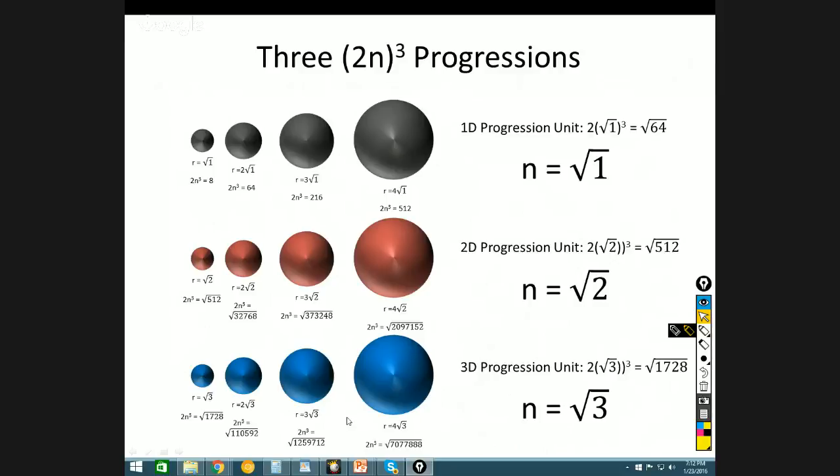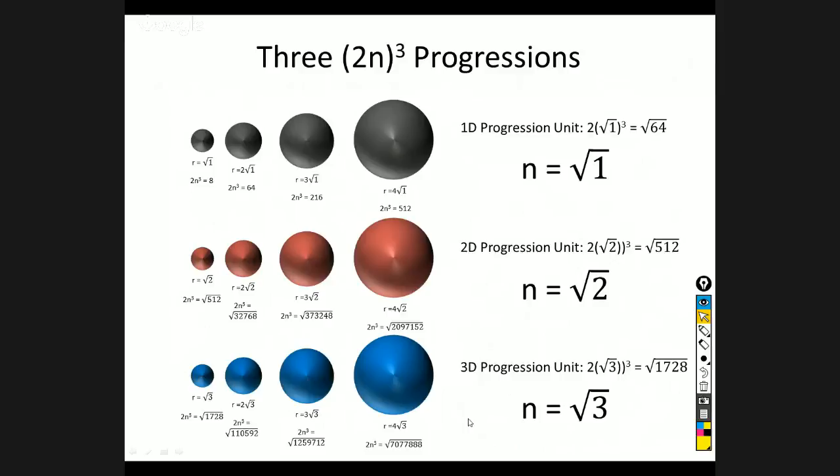And then, of course, the same thing in terms of the square root of 3 for the three-dimensional case. And so we have all three of these going on in that progression that we normally think of as 2n to the third.